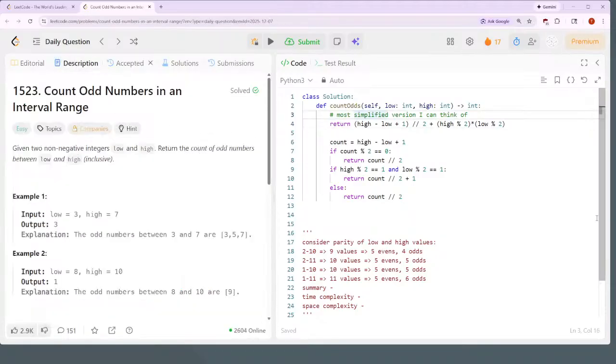How can I go faster than this? High mod 2, low mod 2. Learn the count of numbers between low and high.